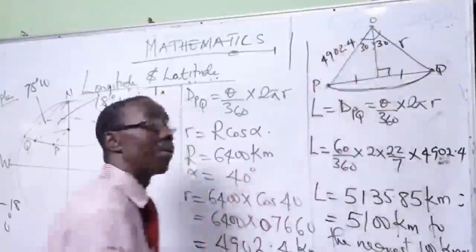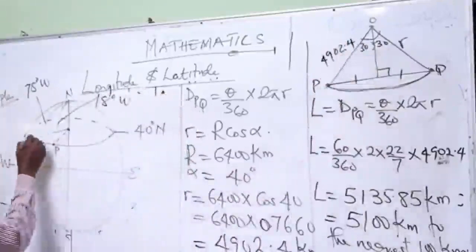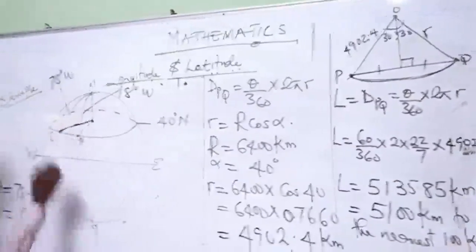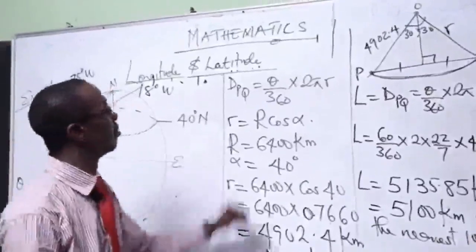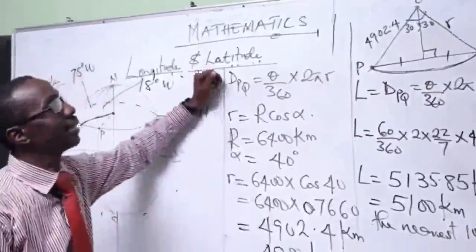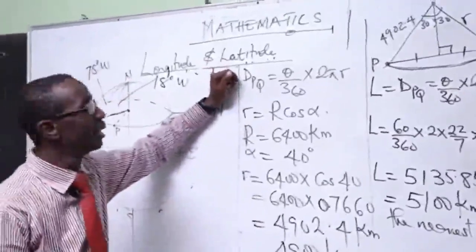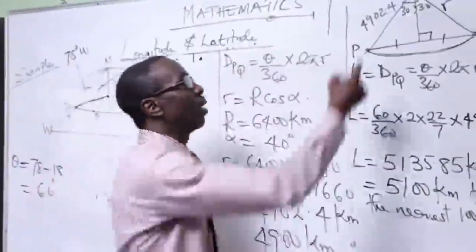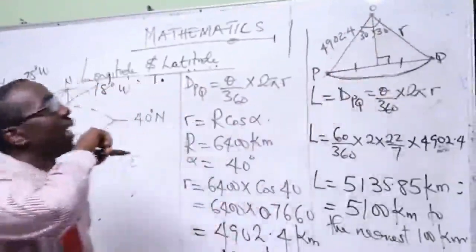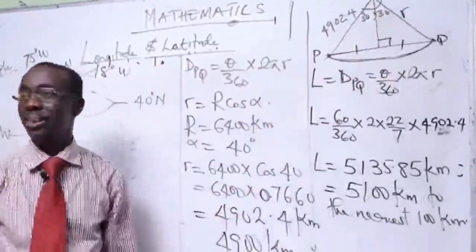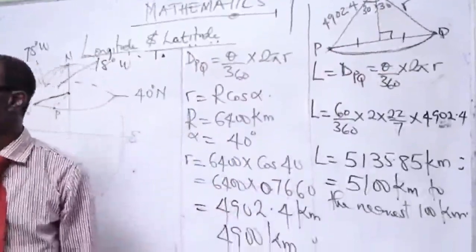4902.4. Remember, we have calculated that small r. Now, with that, if you have a triangle that has an angle of 90 degrees, it's called a right angle triangle.